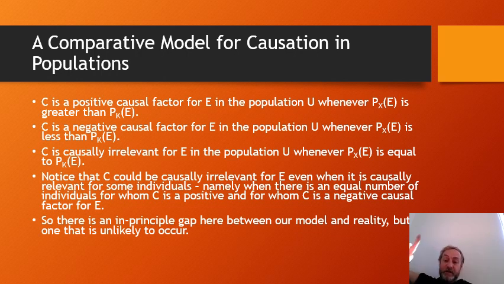Now, notice maybe you're thinking this. Well, that seems to entail that C could be causally irrelevant for E, even when it actually is causally relevant for some individuals, right?